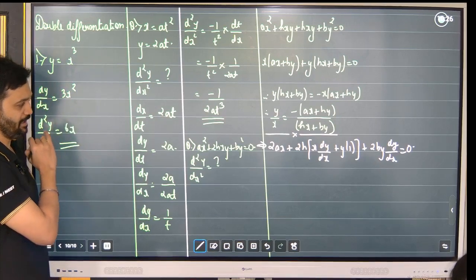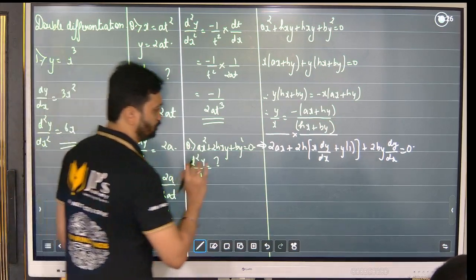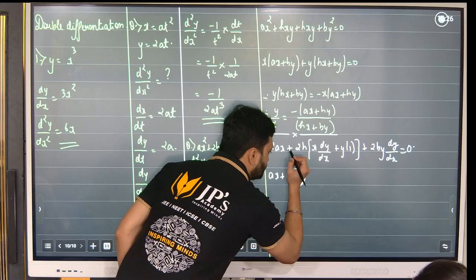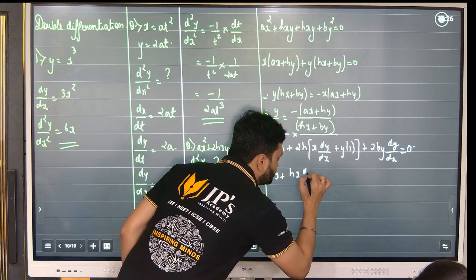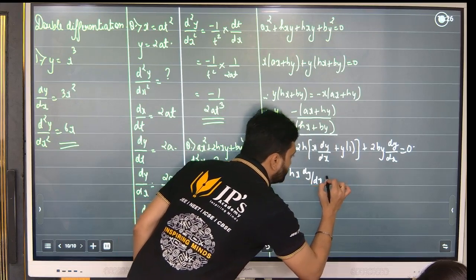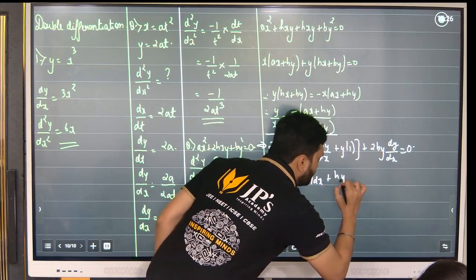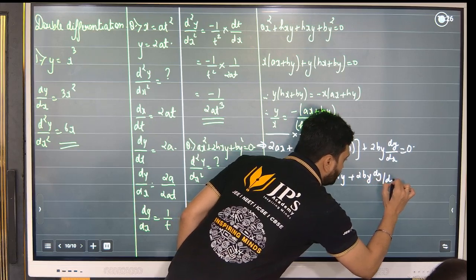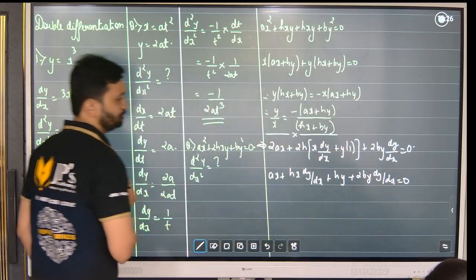I can see that everywhere there is 2, so I'll divide by 2. So this will become ax plus hx dy by dx plus hy plus by dy by dx is equal to 0.